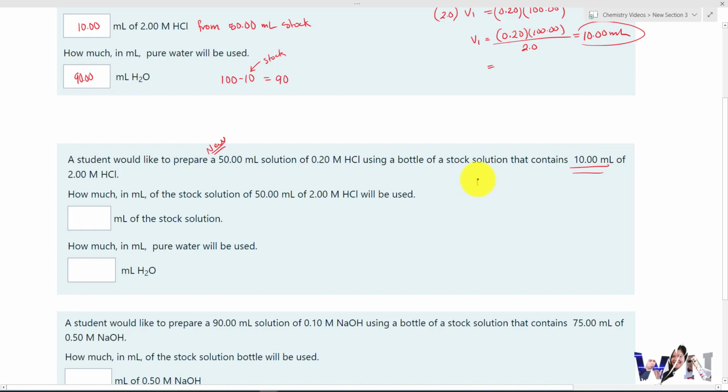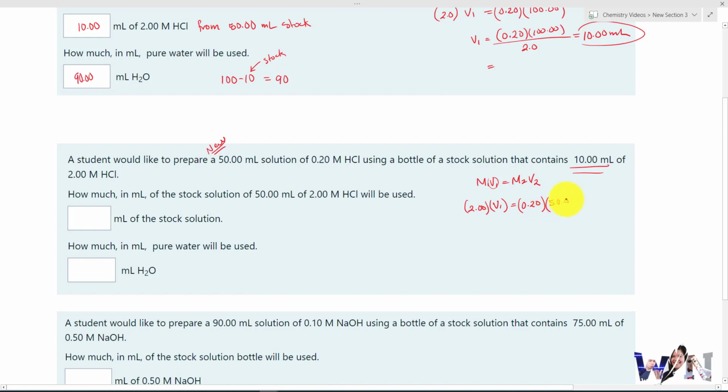And we go back to the equation, M1 V1 equals M2 V2. In this case, we are solving for V1, and we already know that M1 is 2 molarity. Over here, we have M2, which we know exactly because we want to make that specific molarity, 0.20, and V2 is 50.